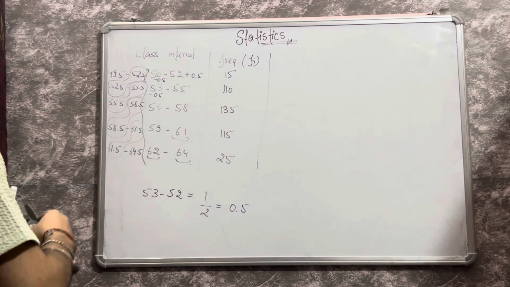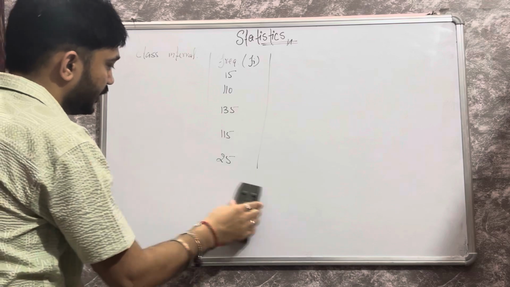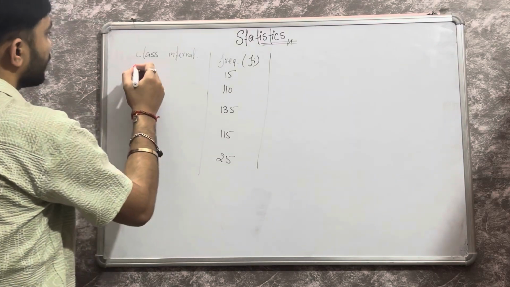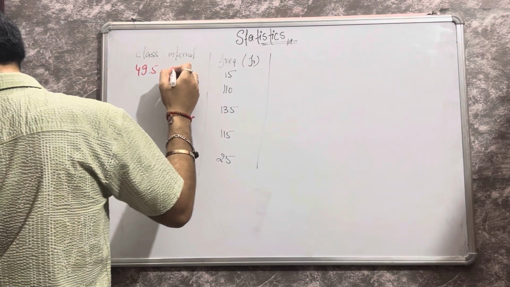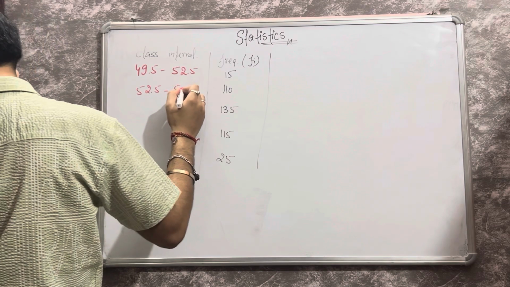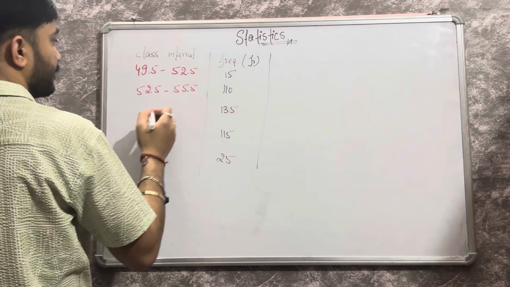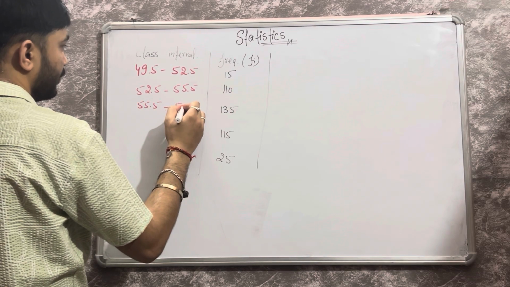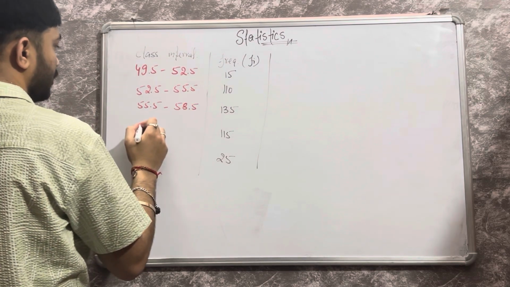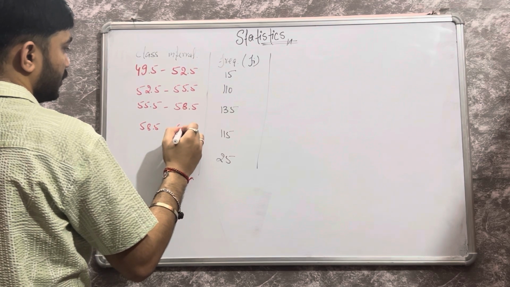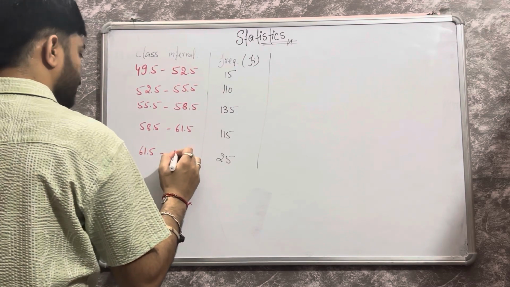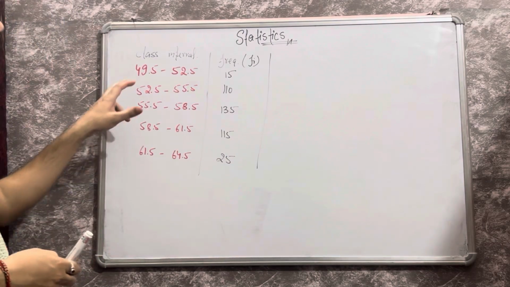So I am going to erase this and write our new class interval as 49.5 to 52.5, 52.5 to 55.5, 55.5 to 58.5, 58.5 to 61.5, and 61.5 to 64.5. Any doubt?